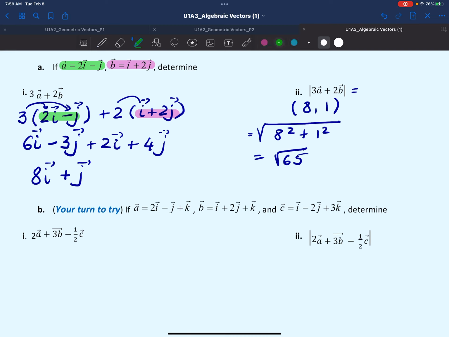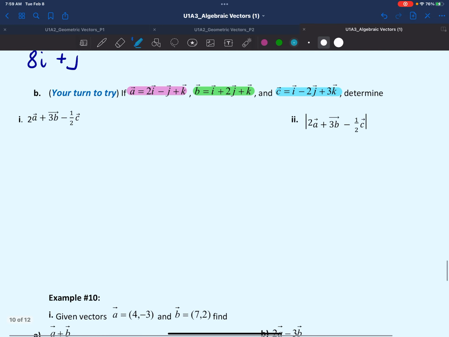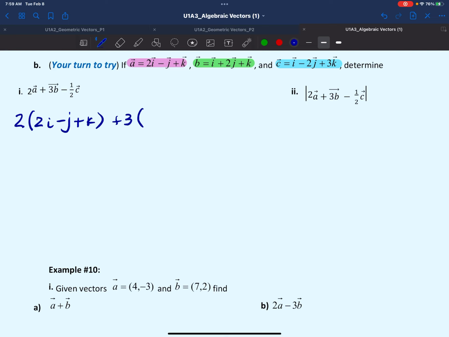This time we have 3D. So we have A and B and C here. So we have to find 2a plus 3b minus half c. So here we go again. We have 2i minus j plus k, plus 3i plus 2j plus k, and then minus half of i minus 2j plus 3k.